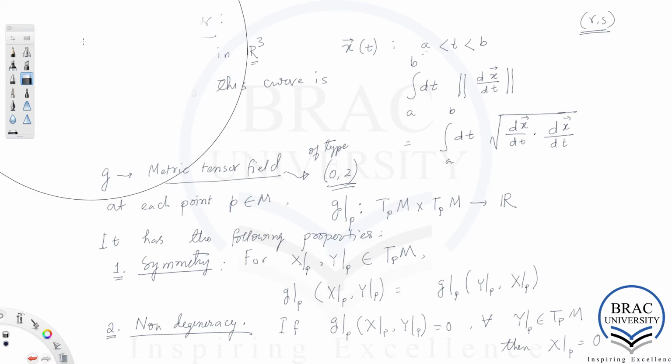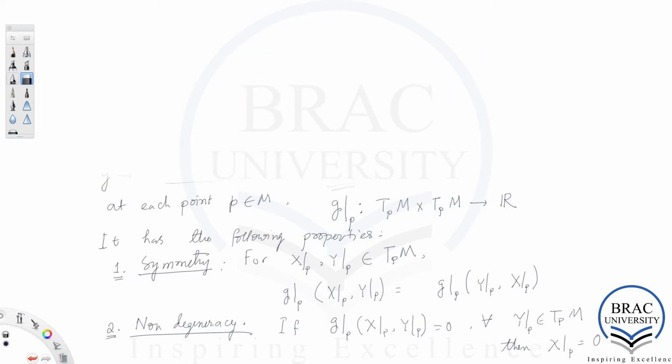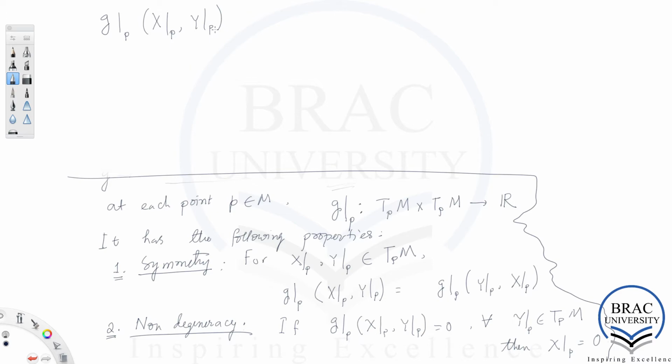Now, in the literature, in many books of GR or of differential geometry, you will see that g at P, x at P, y at P, which is just a number, is written using this inner product notation, or sometimes as a dot product between these two tangent vectors.